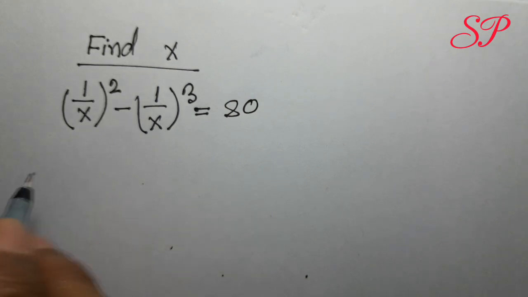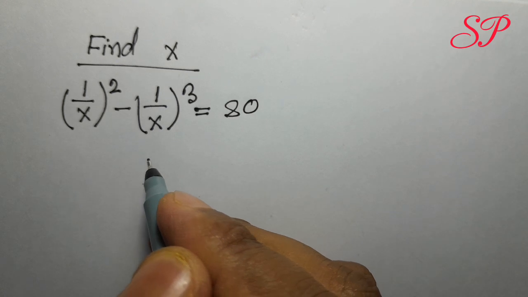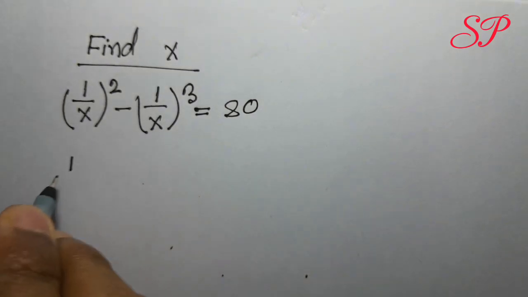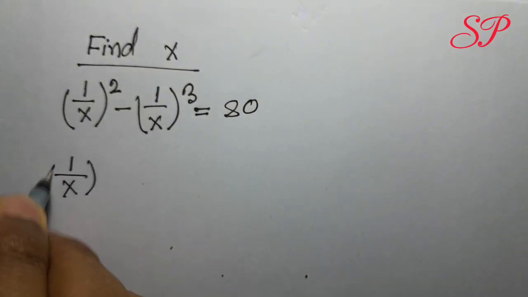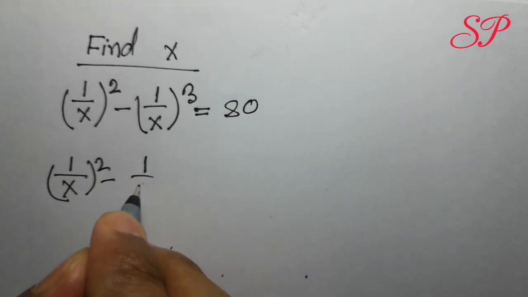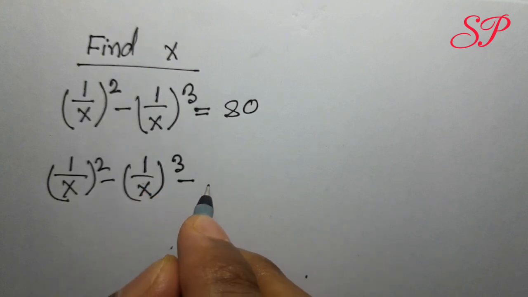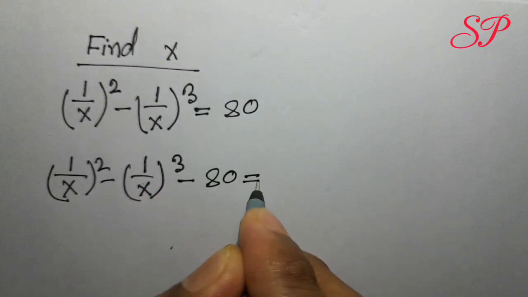Now we can write from right side to left side: (1/x)^2 minus (1/x)^3 minus 80 equals 0.